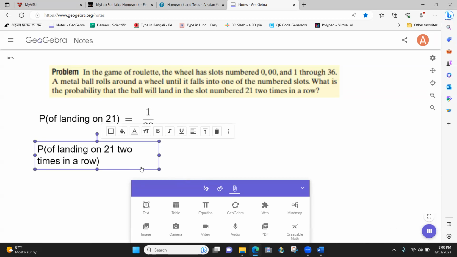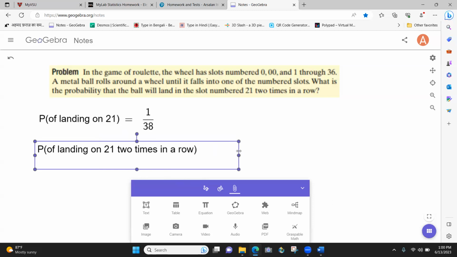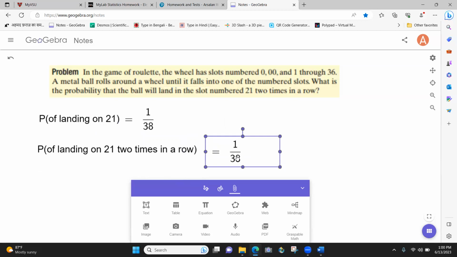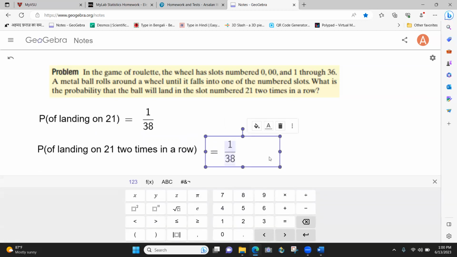Well, the answer is simple. It's 1 over 38 times 1 over 38. That's as simple as that. Why? Because the events are independent. They have no connection.